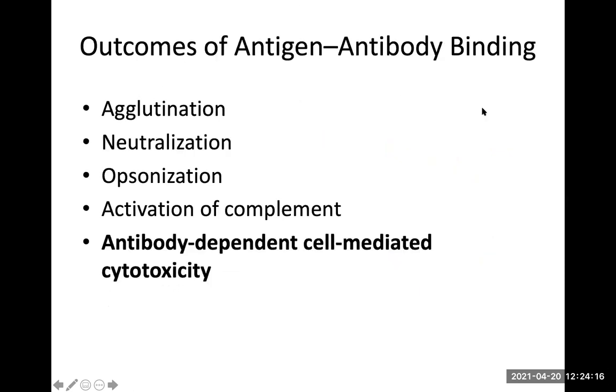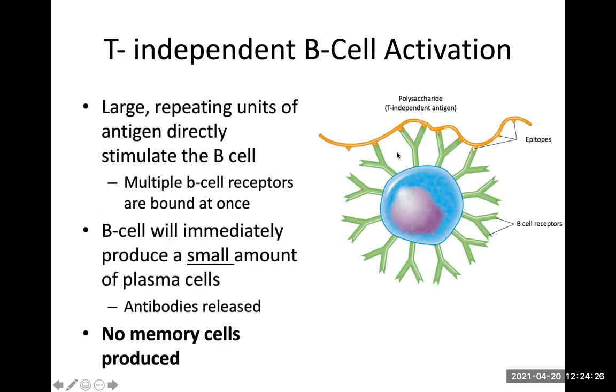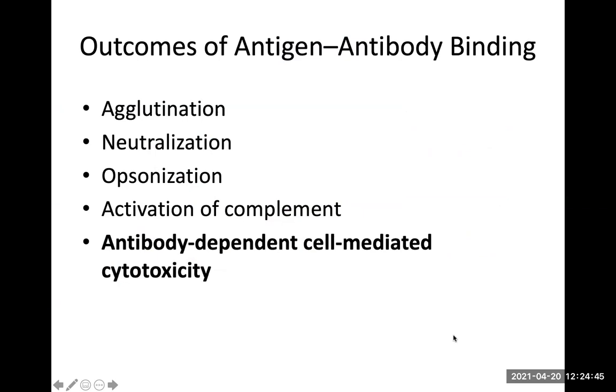Okay, so antigens and antigen and antibody binding in the body, you have agglutination, which we actually kind of see here. If there were more of these polysaccharides around, they could bind to the rest of this. And so this one cell would bind multiple pieces of that antigen. And so whenever you clump something together, you get a bunch of the antigens and antibodies in one spot.